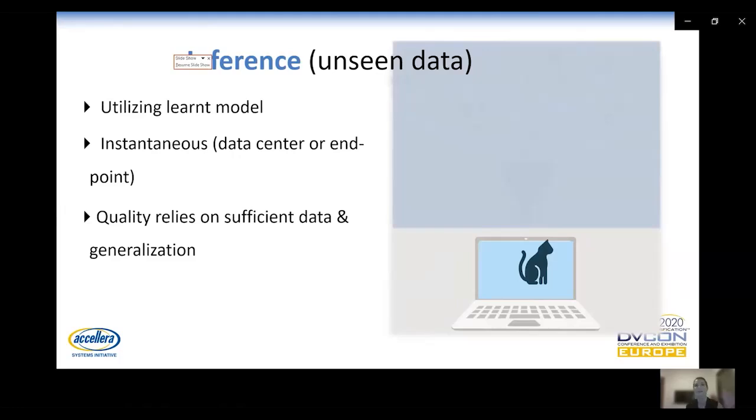What is very important is that we continuously monitor the quality of our inference to make sure that the accuracy level remains intact.